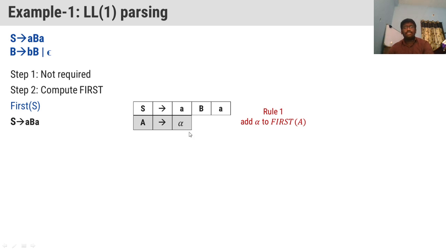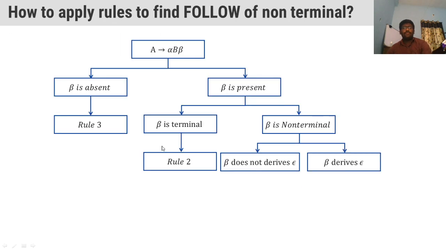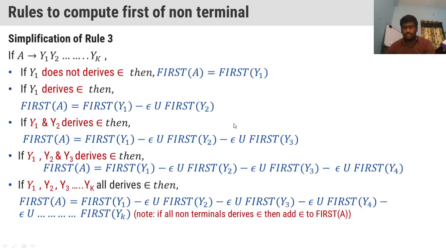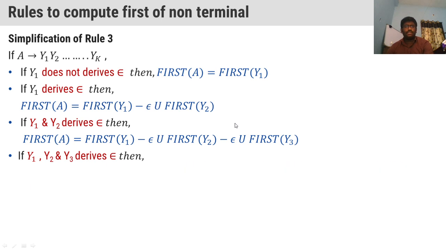But on the right hand side, if it starts with a terminal, then we should add that alpha to the first set of S. Why? Because there is a rule saying that, here I am talking about first sets of the non-terminals.